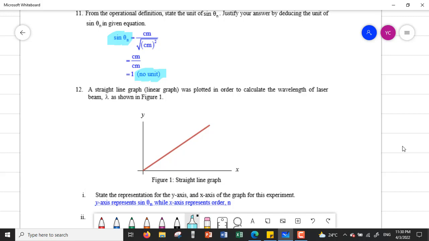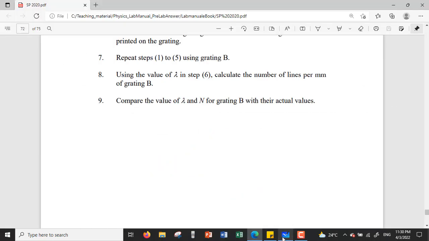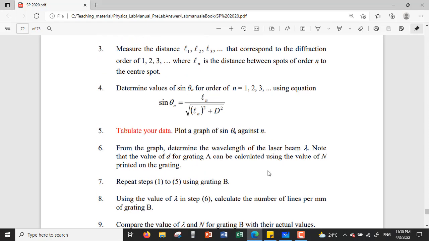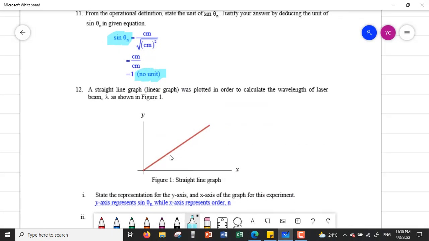If we refer to the procedure in the lab manual, procedure 5, we are going to plot a graph of sine theta against n. So it means that the y-axis will represent sine theta and the x-axis will represent n.